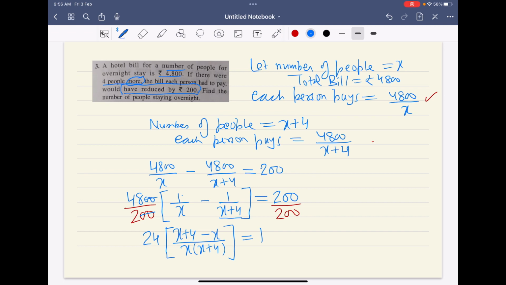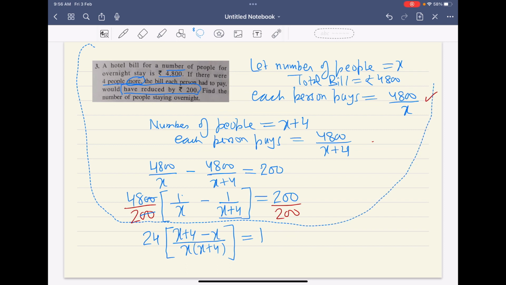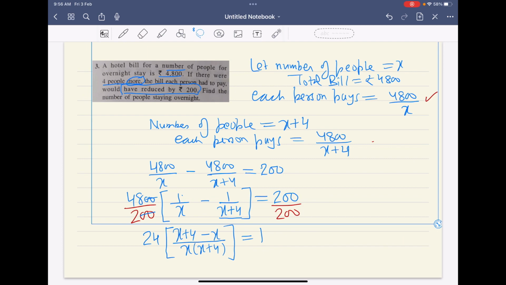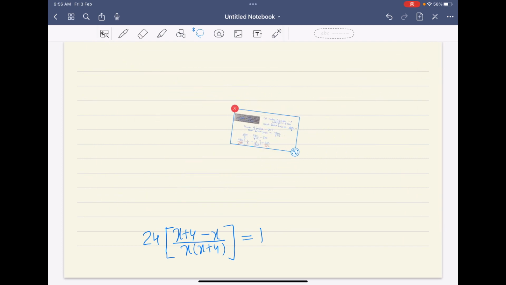Now this is the equation which we are going to use to solve the given condition. So now let us rewrite this here.